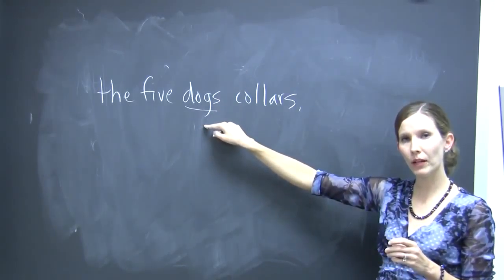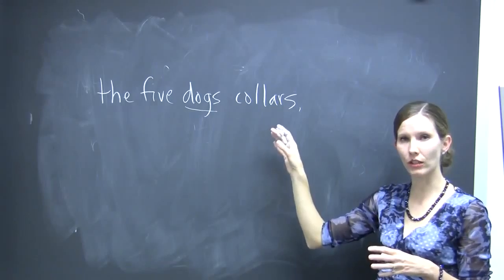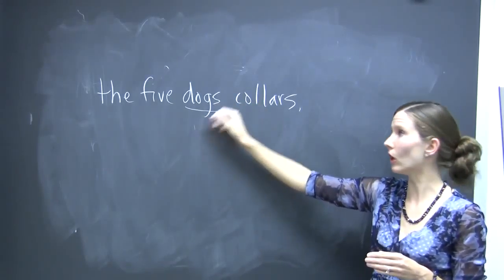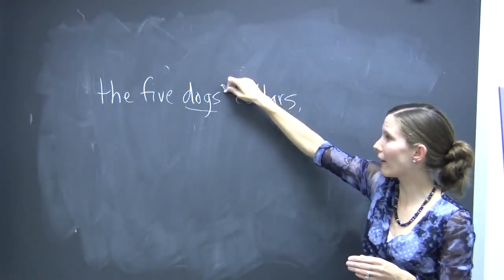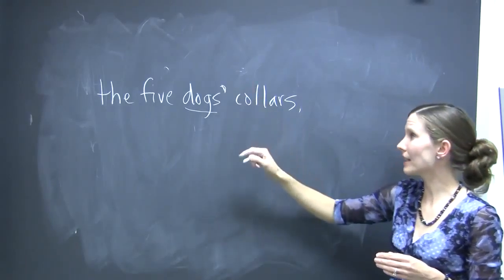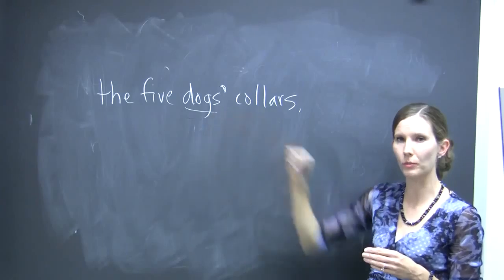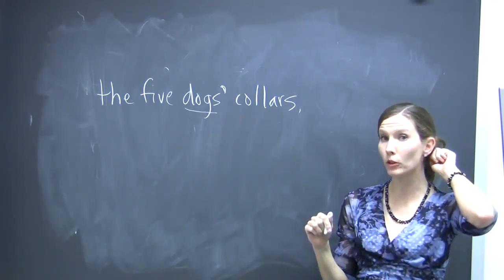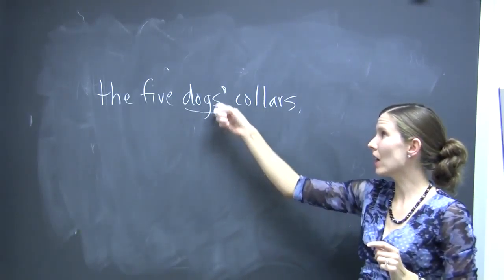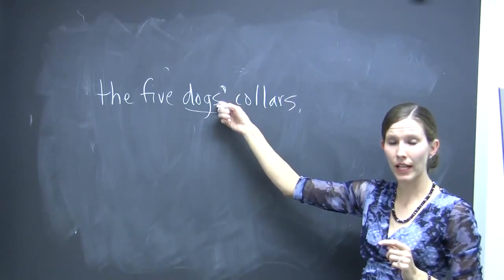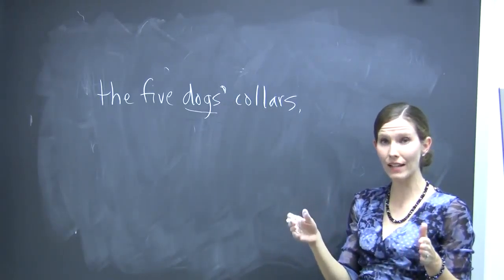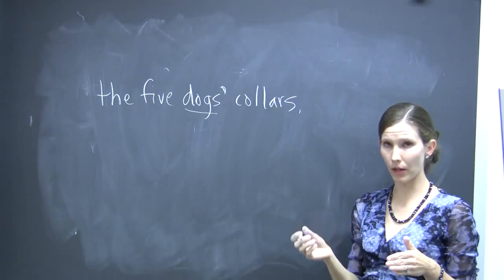The way I show to my reader that I have possession that belongs to something that's plural is the apostrophe goes after the S. That tells the reader I have more than one dog to which the collars belong. So when you have a plural noun, it's S apostrophe. Okay, singular noun is apostrophe S, plural noun is S apostrophe.